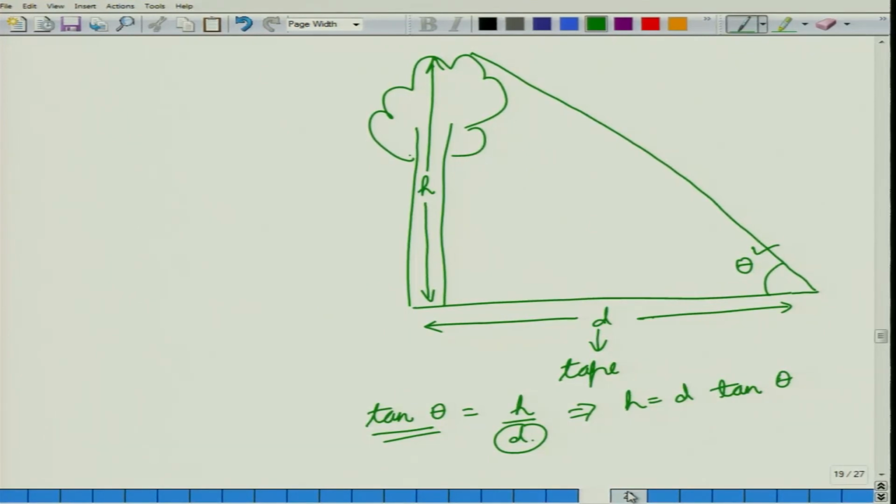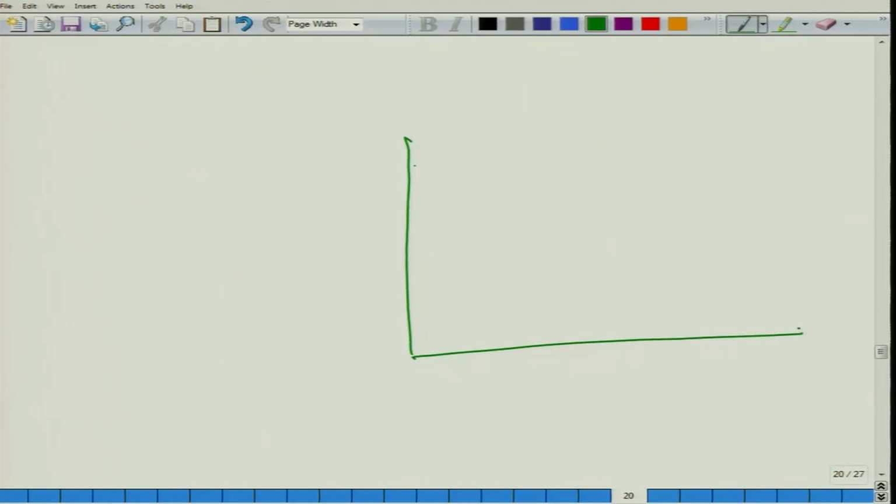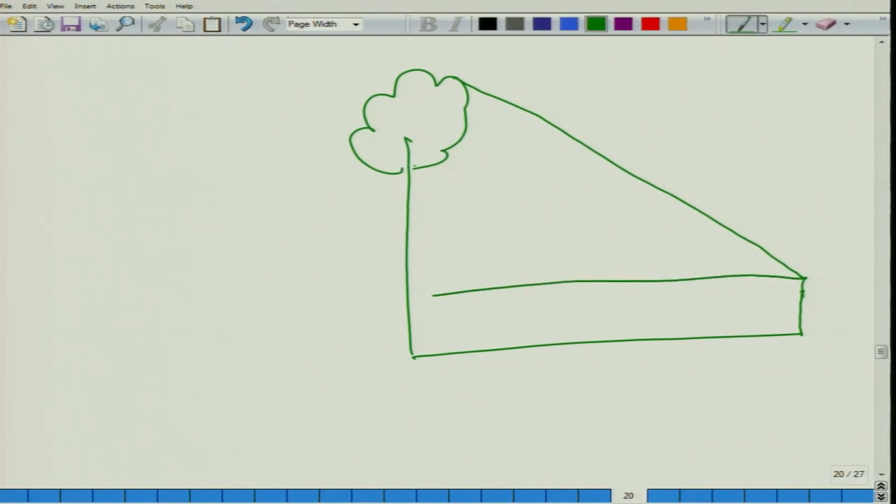Of course, but this example requires you to be on the ground. What about if you are holding your equipment at your eye level? So, suppose this is your tree, you are standing here at your eye level and you are measuring the angle that is subtended by this tree to your height.